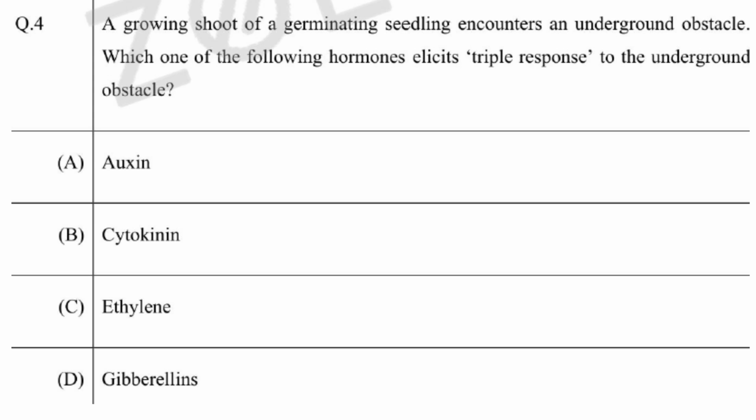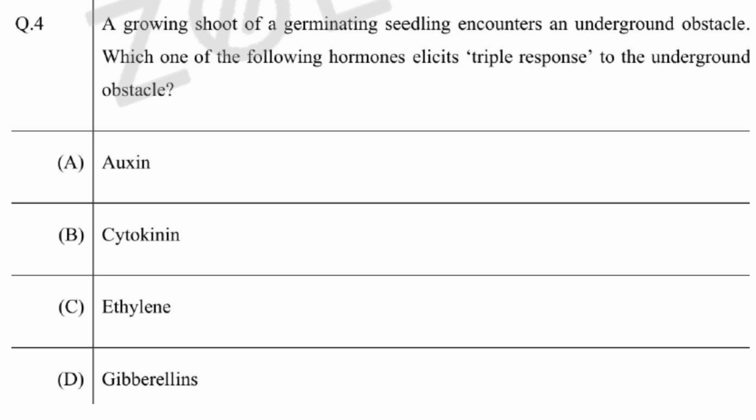Then next one. A growing shoot of a germinating seedling encounters an underground obstacle. Okay. So here the growing seedling is encountering an obstacle. Which of the following hormone elicits triple response to the underground obstacle? So triple response, it is a response to mechanical stress. So here the germinating seedling is encountering a mechanical stress. So it is a triple response.